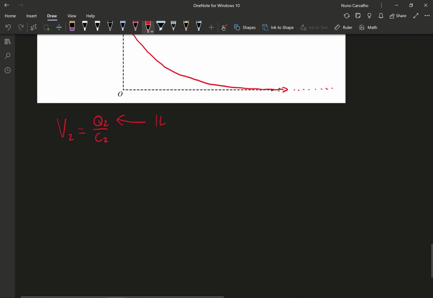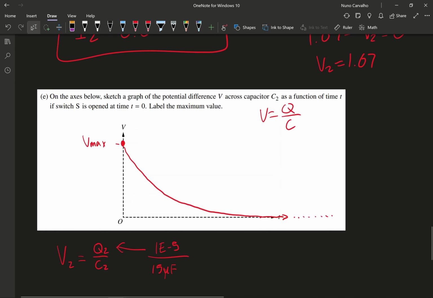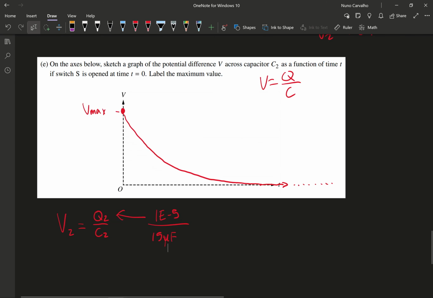And we still know that C2 is going to be 15 microfarads, like so. So really, if we get this answer, we can get this answer as well, because nothing has changed since we calculated this from part C1.